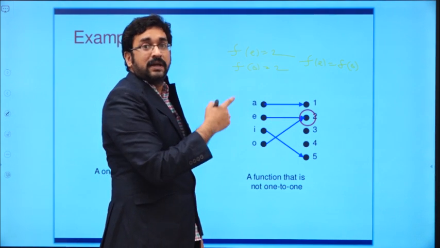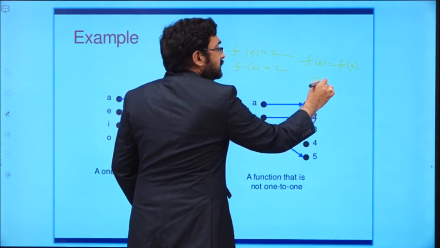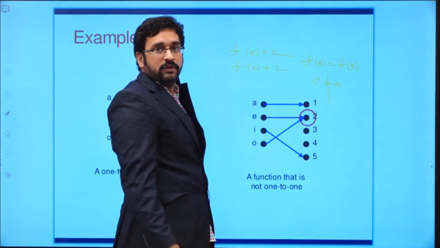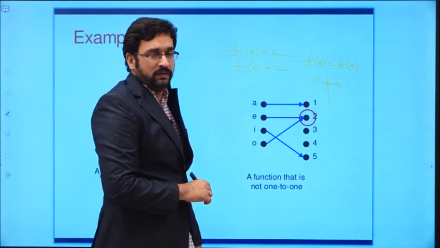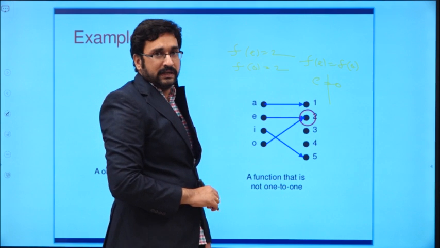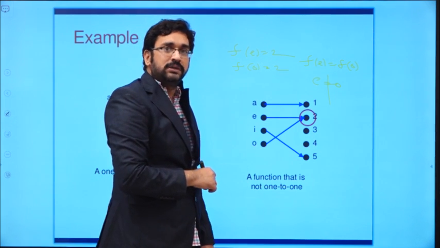That's why their images are equal. But is E equal to O? No, E is not equal to O. Hence we can say that f is not 1 to 1 because two distinct elements are mapped to the same element. Hence this function is not 1 to 1.